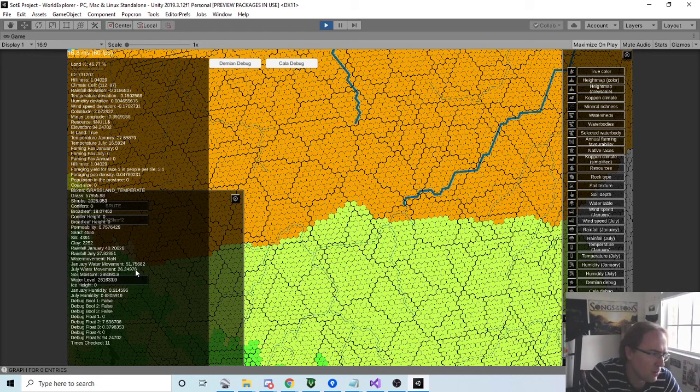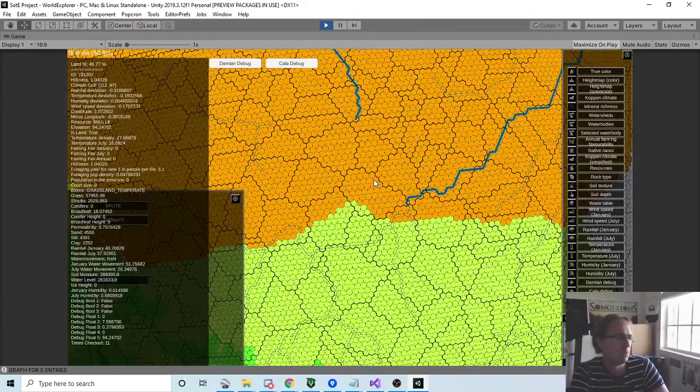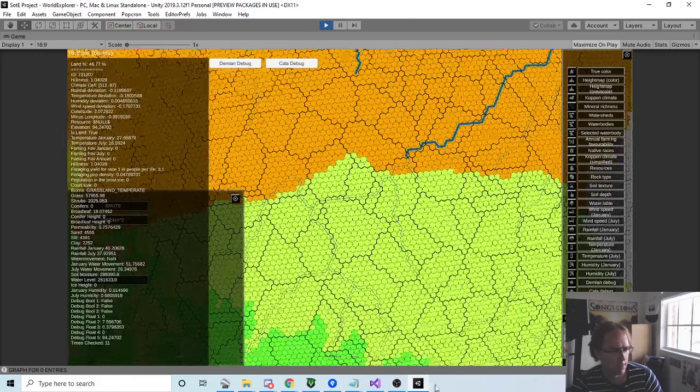So January water movement and July water movement are totally fine, but for some reason runtime water movement is screwy. Humidity's fine. How odd. Hilliness. No, everything else is fine. Okay.